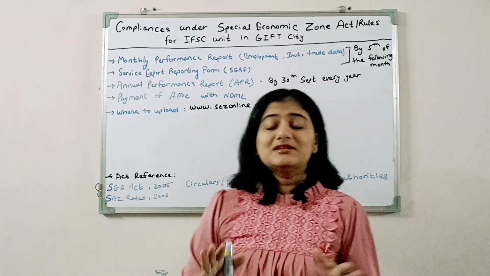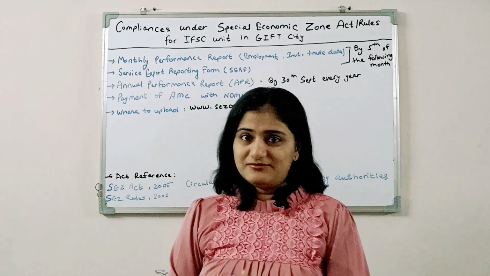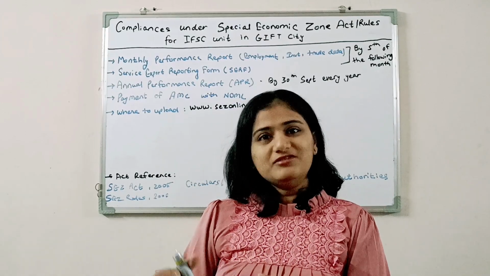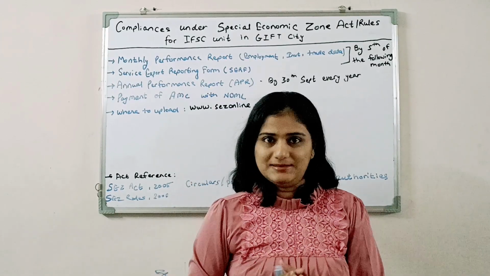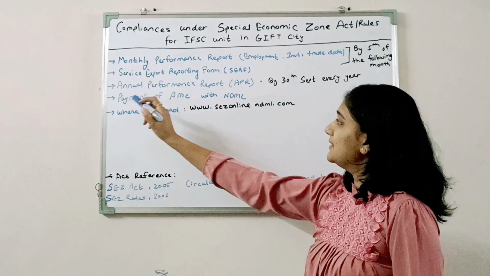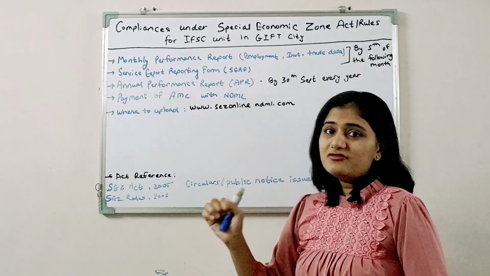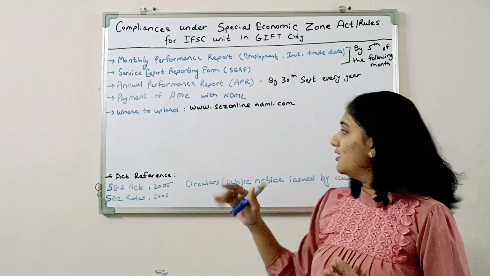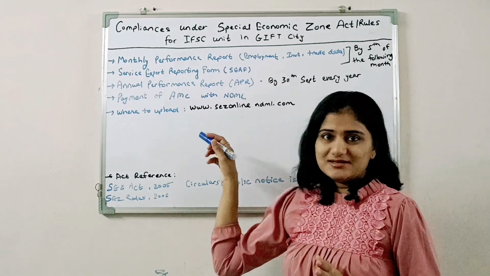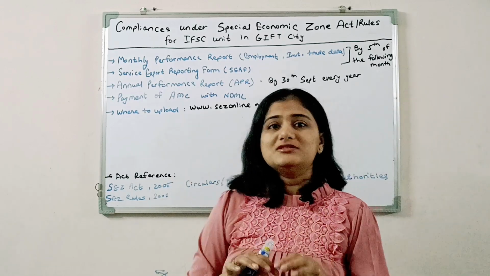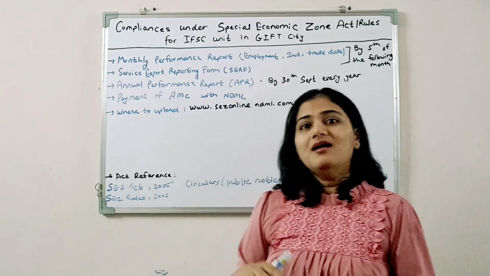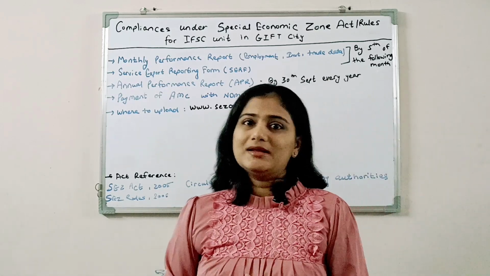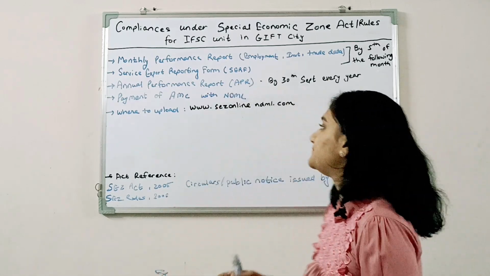For example, for the month ending on the 31st March, the due date will be the 5th April. So it is on a monthly basis. Now next, the utility or the format for this is already available on the portal, which I'll mention in the later part of the video. You have to simply fill in the data and submit along with any additional supporting documents if applicable.